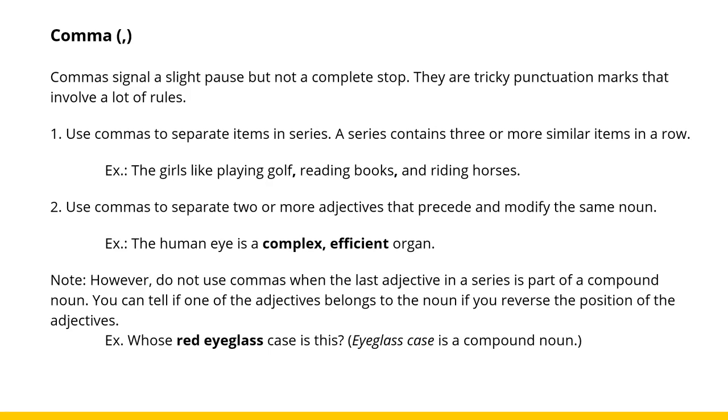And you have to note that you should not use commas when the last adjective in the series is part of a compound noun. You can tell if one of the adjectives belongs to the noun if you reverse the position of the adjectives. So here, for example, we have the sentence, whose red eyeglasses case is this? As you see, eyeglass case is a compound noun. And that's why we do not use any commas in this case.